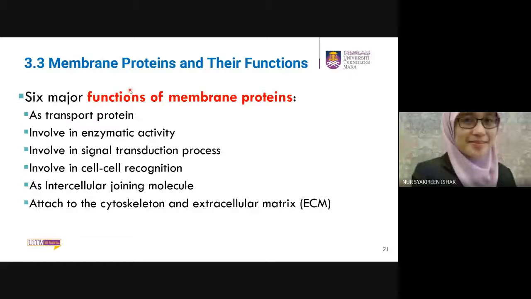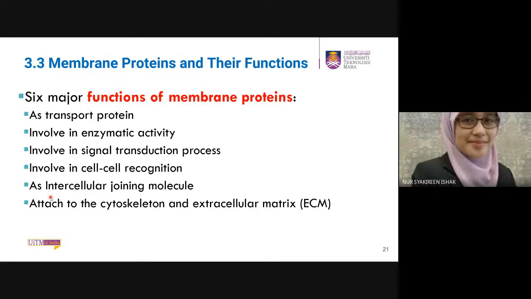So maksudnya kalau darah A, darah B adalah antigen A, antigen B kan on the surface of the red blood cell. So this is due to the glycoproteins, okay, that are embedded in the membrane that forms the antigen of that red blood cell. Okay, so cell recognition, contoh, that is one example.